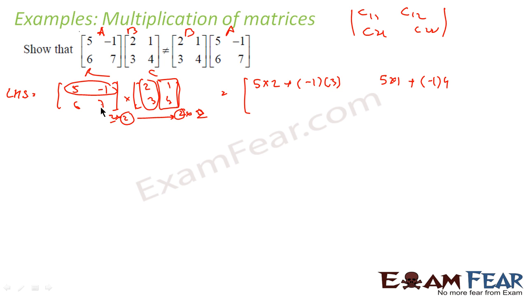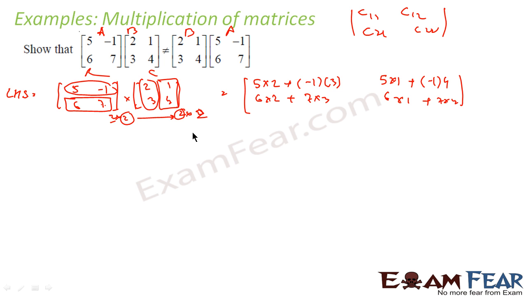This is C21, second row, first column, that is 6 into 2 plus 7 into 3. This is C22, second row, second column, that is 6 into 1 plus 7 into 4.